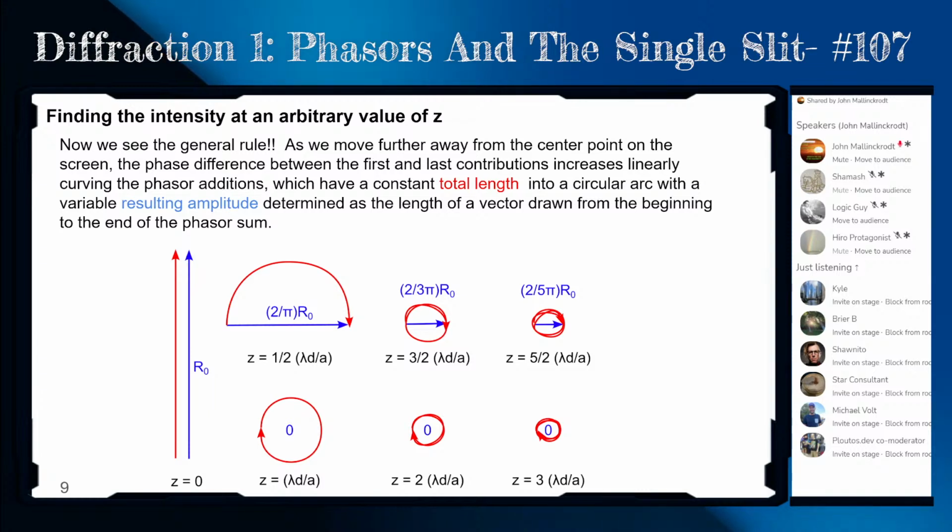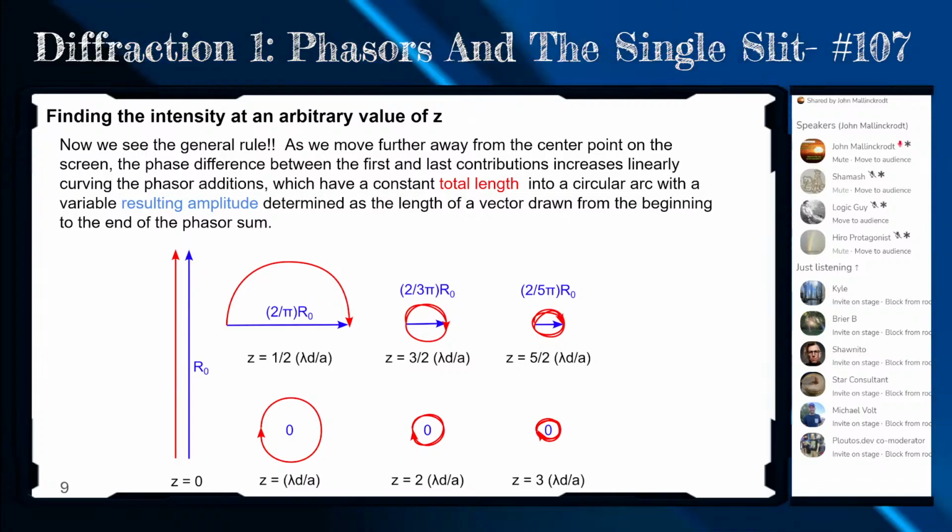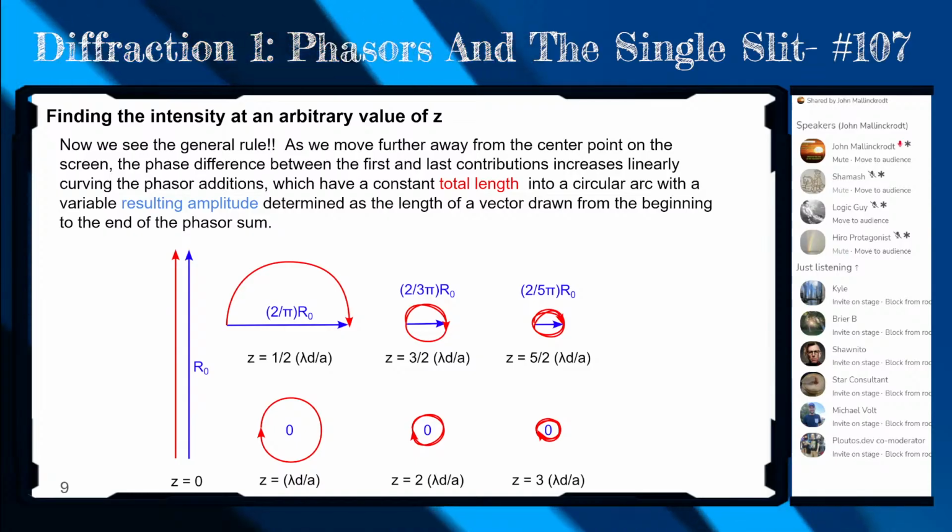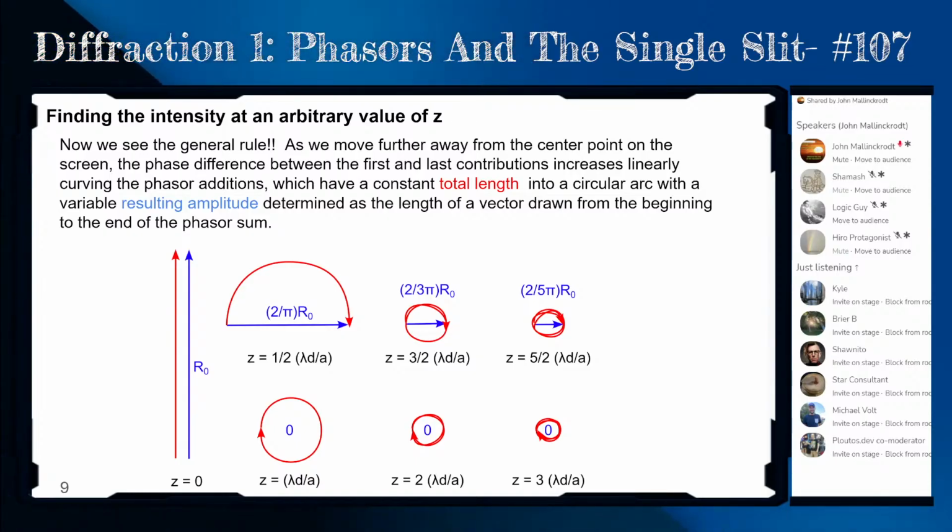Because the resulting vector is the diameter of that semicircle, I can do a little math and show that in the semicircle case we talked about on slide 7, the resulting vector is 2 over pi times r naught.